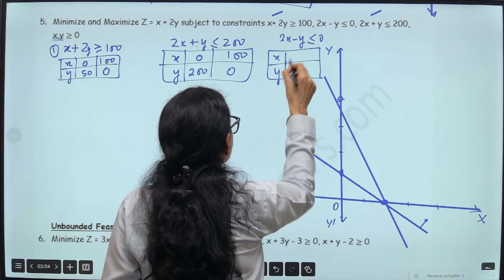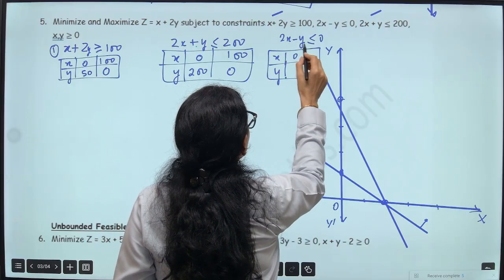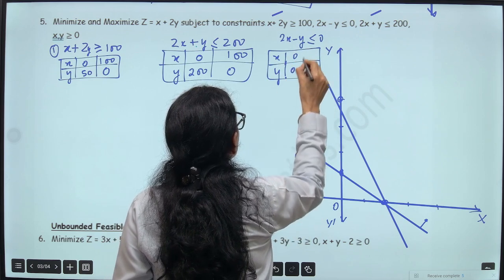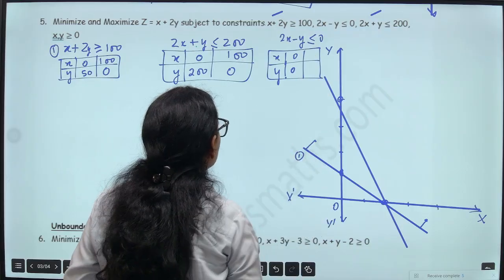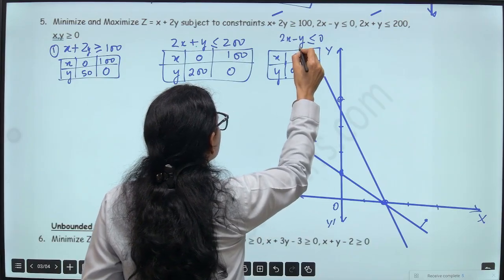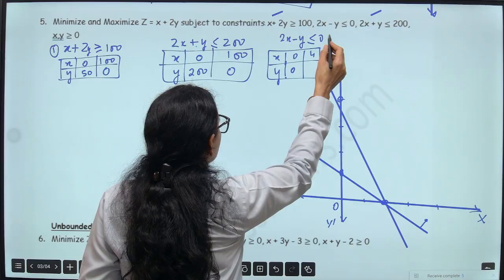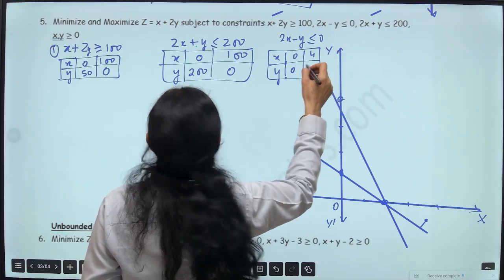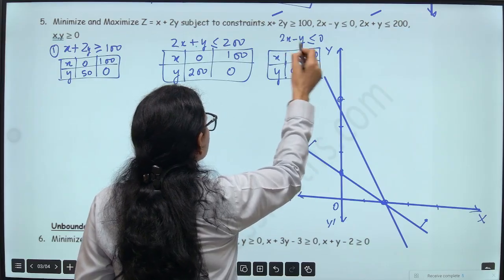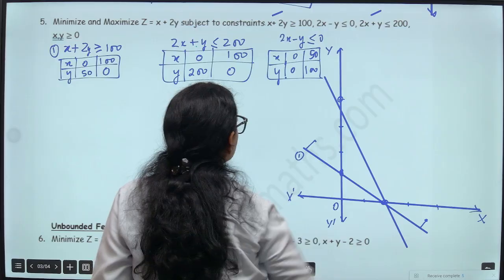When x is 0, y is 0. So that means let's take some other value other than 0. Maybe let's take x as 50. When x is 50, 2 times 50 is 100, so y is 100.